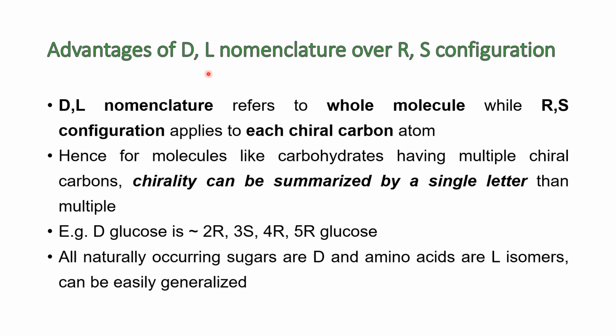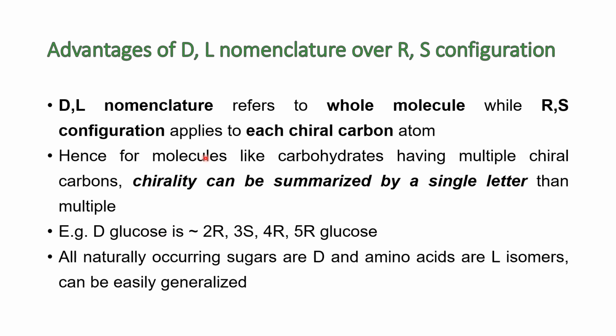It can be part of the name, a common name. Even R and S can be, but see the example of glucose. Glucose contains 4 chiral carbon atoms. So if you are assigning R and S configuration, it will become 2R, 3S, 4R, 5R. So it will be a very big name. Instead of that, simply writing the letter D, D-glucose, tells you about its configuration.